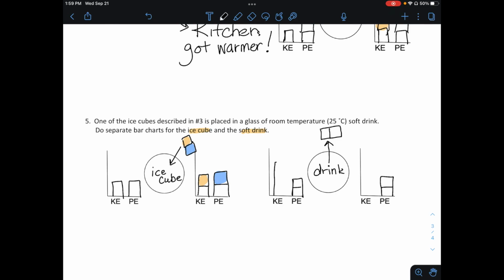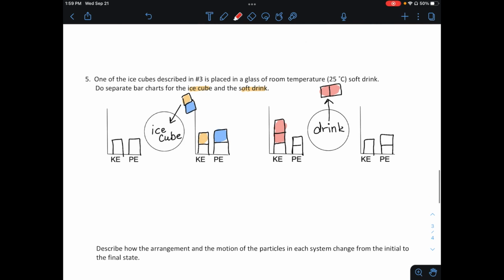I'm going to say that I had a warm glass of room temperature soda there, and it cooled down to icy cold. So right here, these 2 blocks were given away to leave those behind. So in this way, the LOL charts can trace energy through a system.